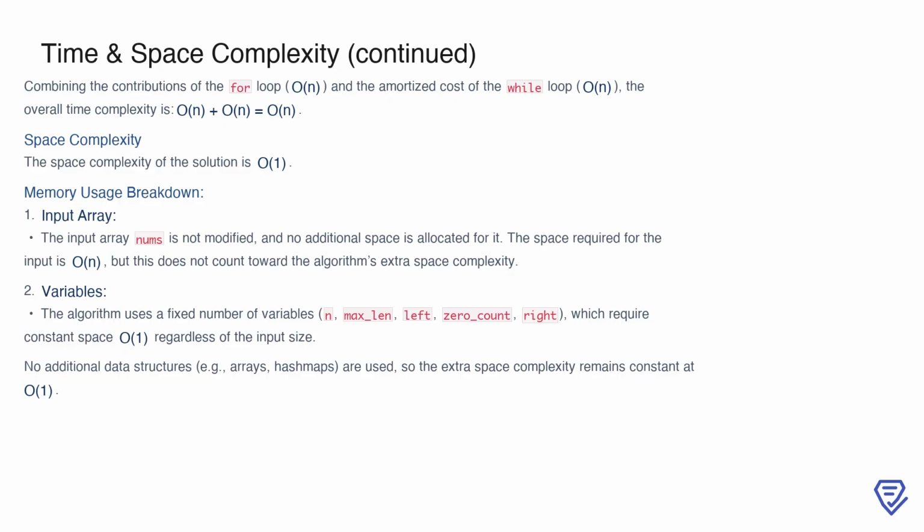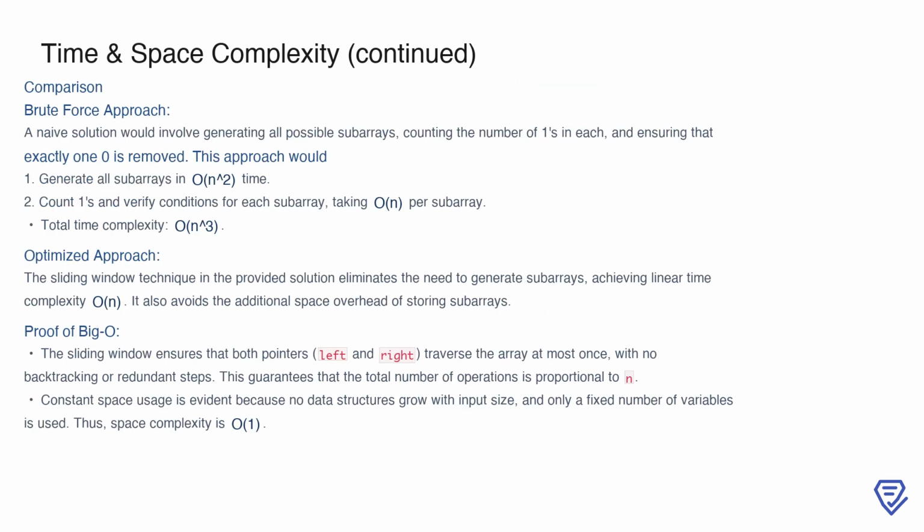The only memory used by the algorithm comes from a fixed number of variables, including n, max_len, left, zero_count, and right. These variables require constant space, O(1). Since no additional data structures, such as arrays or hash maps, are introduced, the extra space complexity remains constant at O(1).